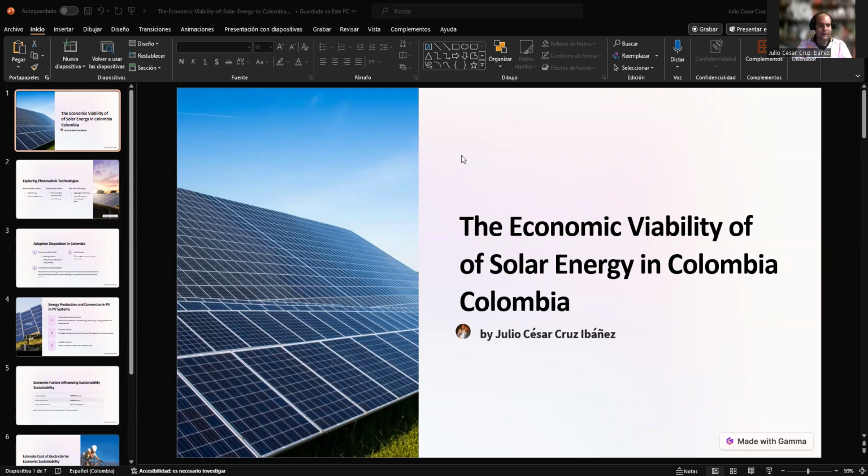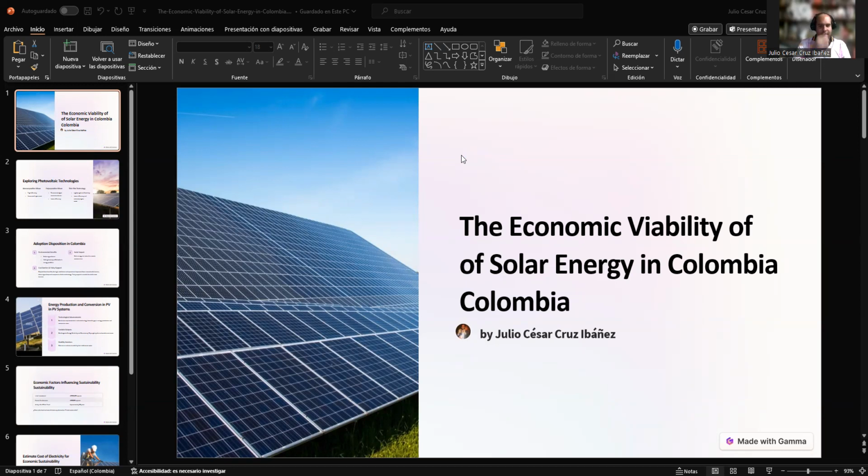The next topic will be energy production and conversion rates in photovoltaics. And the final part is the economic analysis for sustainability, and a conclusion and a recommendation.